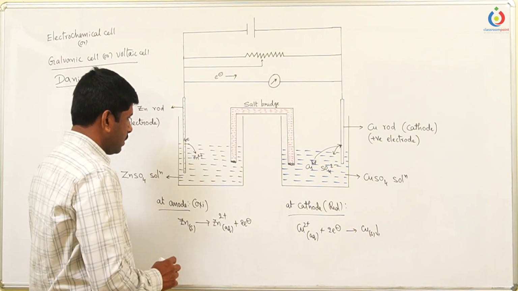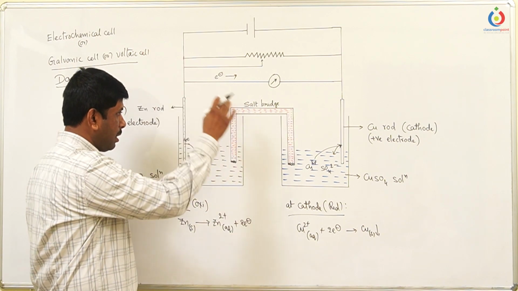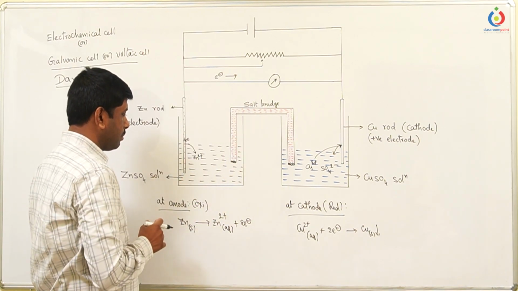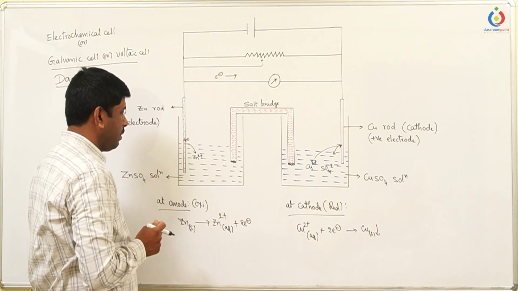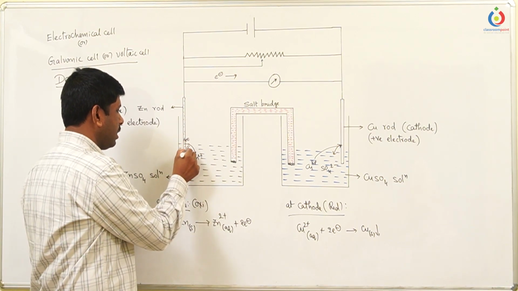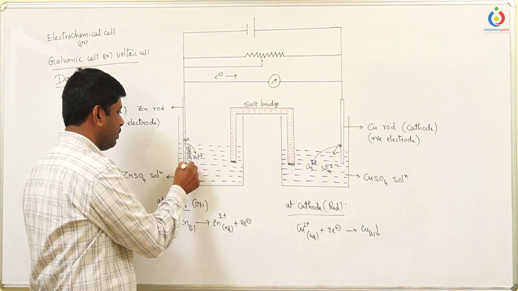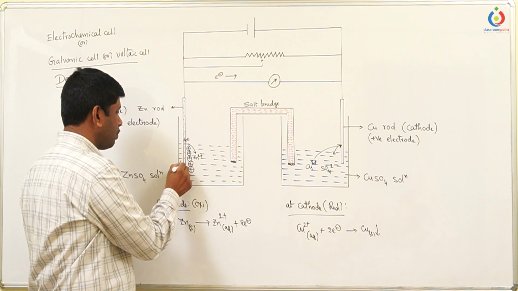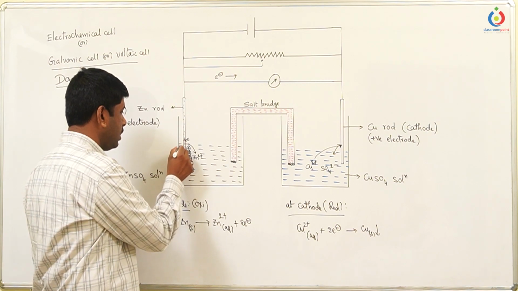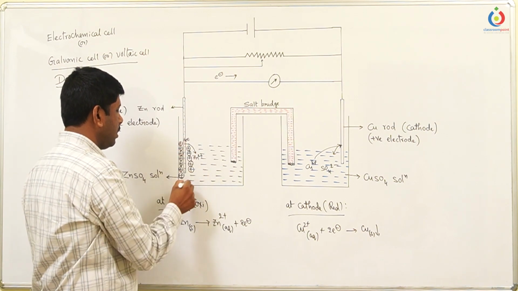When this process happens for a long time, more Zn2+ ions start dissolving into the solution, making the solution almost positive in nature. So more positive ions accumulate over the surface of this electrode. Why?